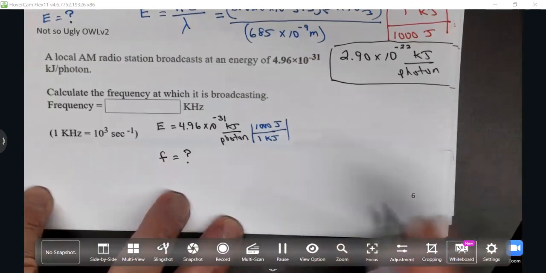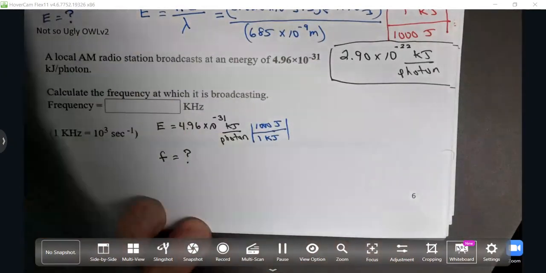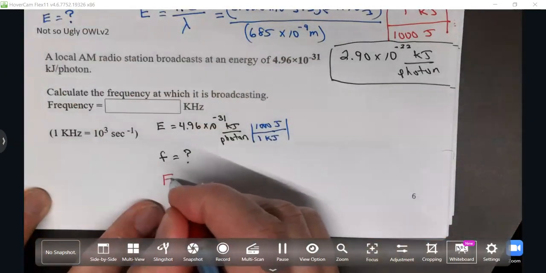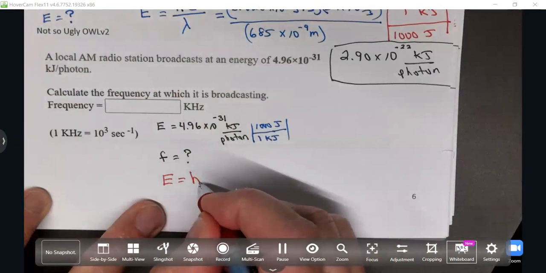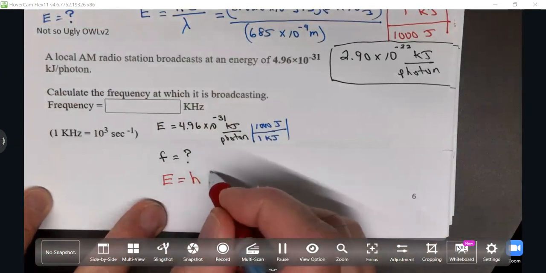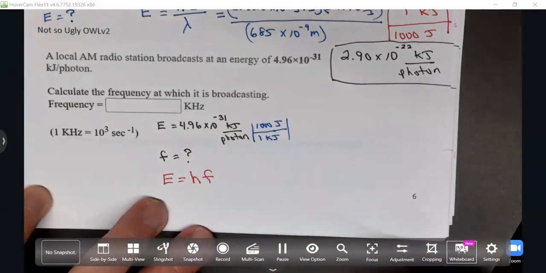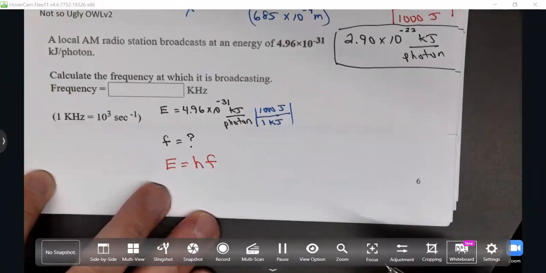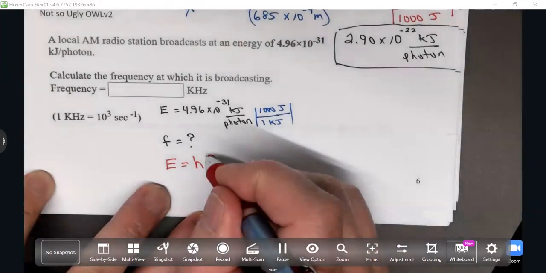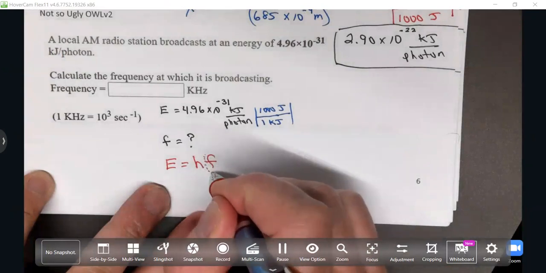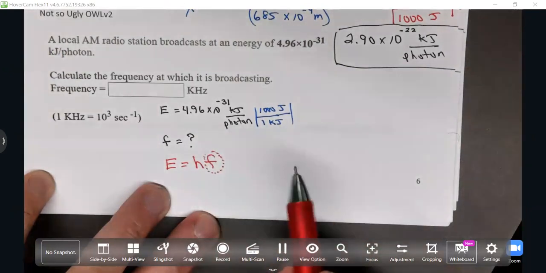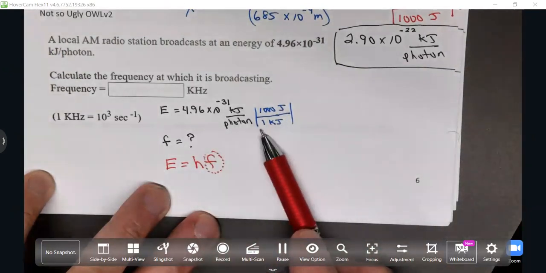So we're going to use the first equation. We're just going to use E is equal to Planck's constant times the frequency. And we're looking for our frequency. So we can take this energy right here and divide by Planck's constant.